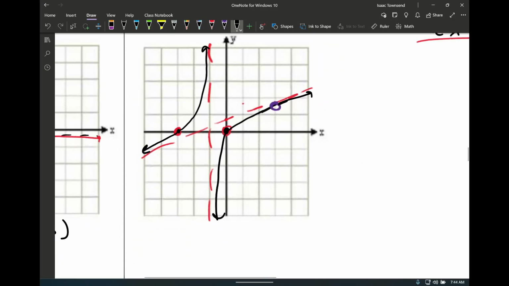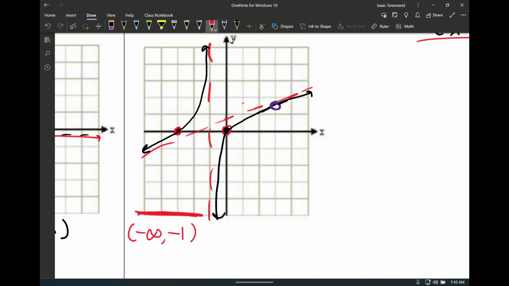Okay, and then the domain, I'll copy it up above, but now we can see the x values that it hits, and you need to be careful. Your domain should be in 3 intervals, not 2. So even those of you that felt like your graph looked good and you've been ignoring this because you've been on the right track, your domain can still be wrong. So you should have negative infinity to negative 1 for these x values. You should have negative 1 to 3 for these x values.